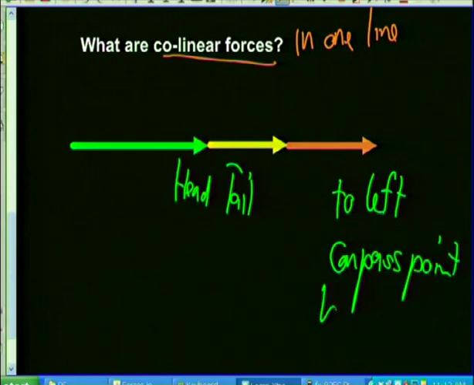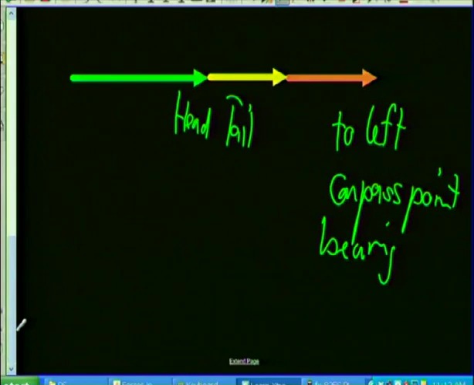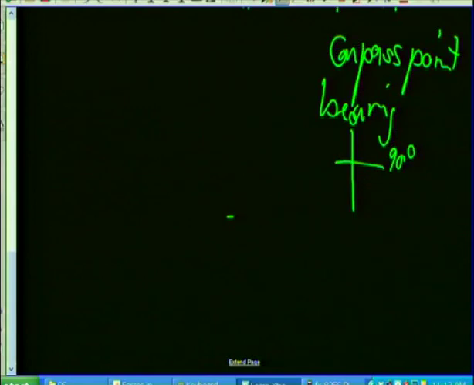We could also use something called bearing, where bearing is used as an angle. So where north is 0 or 360, east is 90, south is 180, and west is 270. So we can use bearing as well.